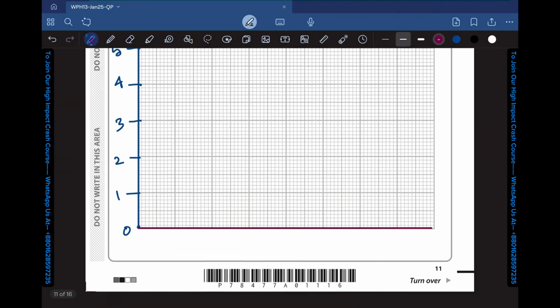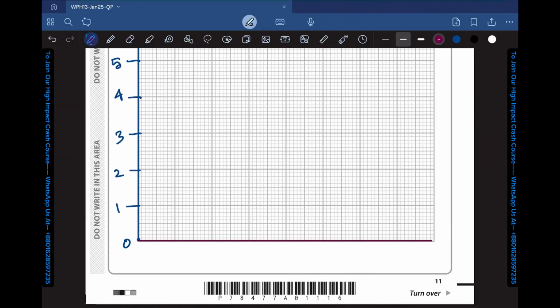So we can take it down. So here we can take it down as 0.5, this one as 1, this one as 1.5, this one as 2, this one as 2.5, this one as 3, this one is 3.5, and this one is 4.